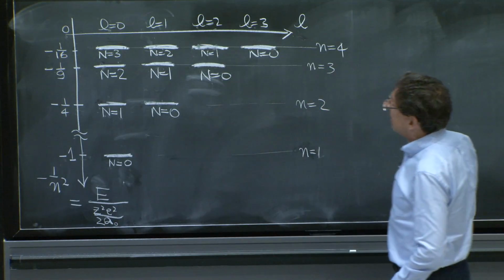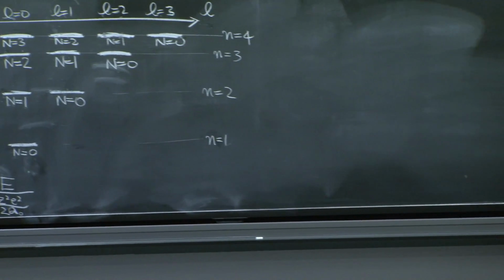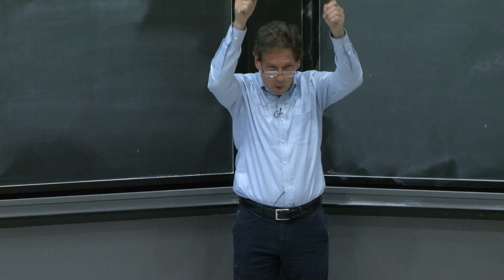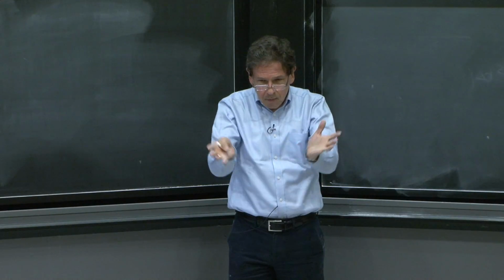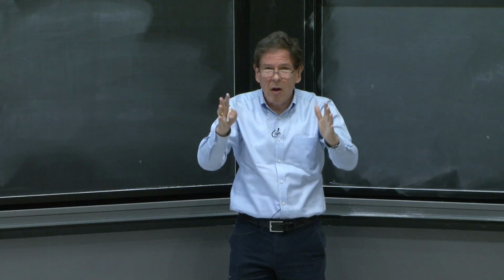extra degeneracy. In fact, if you had solved the problem of an infinite spherical well, you will solve that in 805. Infinite spherical well, as opposed to infinite square well. Inside a sphere of radius a, the potential is 0.